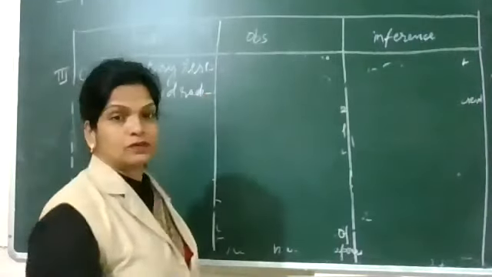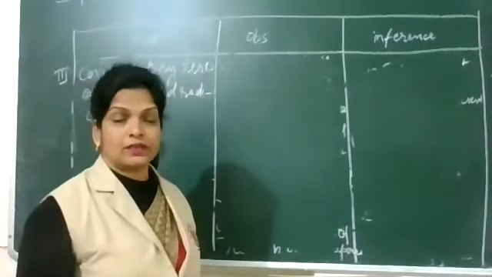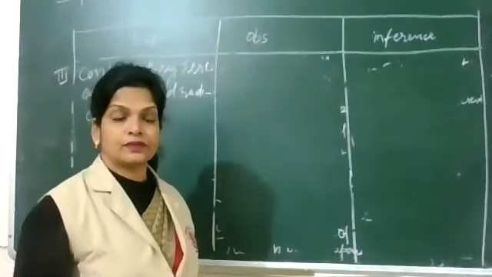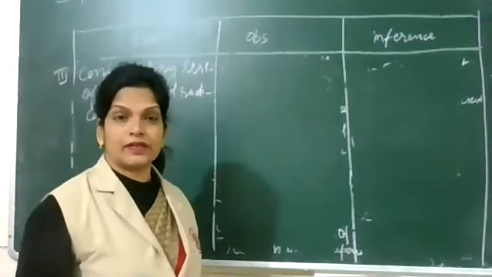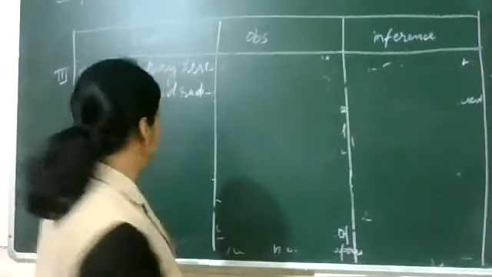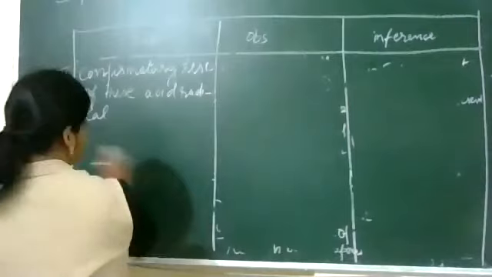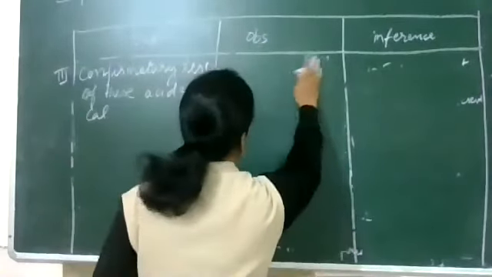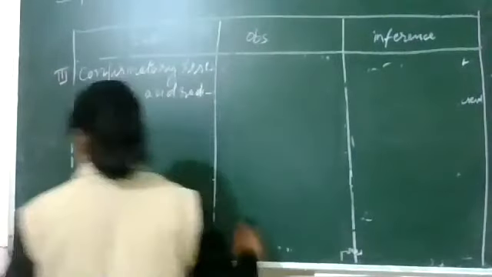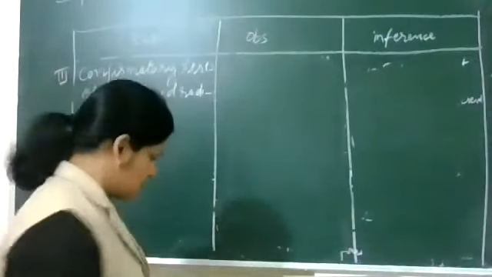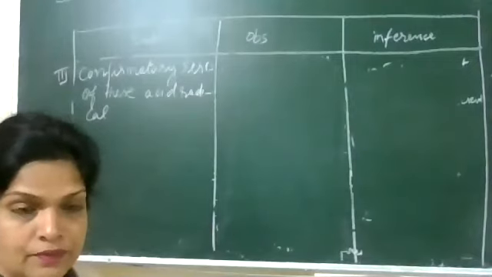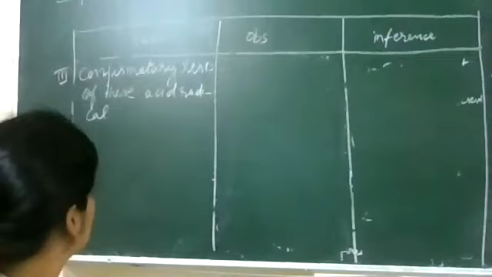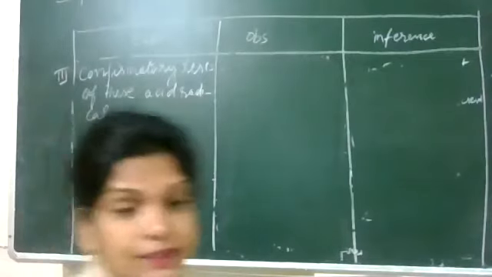First one is what? Chloride. For chloride, bromide, iodide, we can do the silver nitrate test. Dilute HNO3 and silver nitrate. So salt solution plus dilute HNO3 plus silver nitrate, AgNO3.